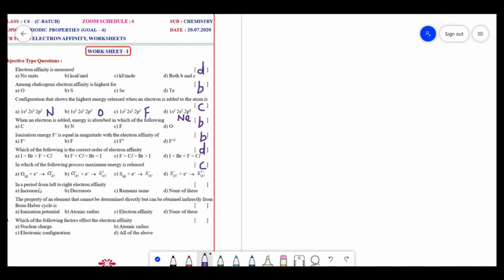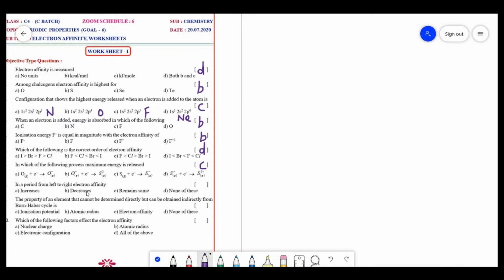Next, in a period from left to right, electron affinity. Electron affinity generally increases in a period and decreases in a group. So the answer is, from left to right, electron affinity increases.